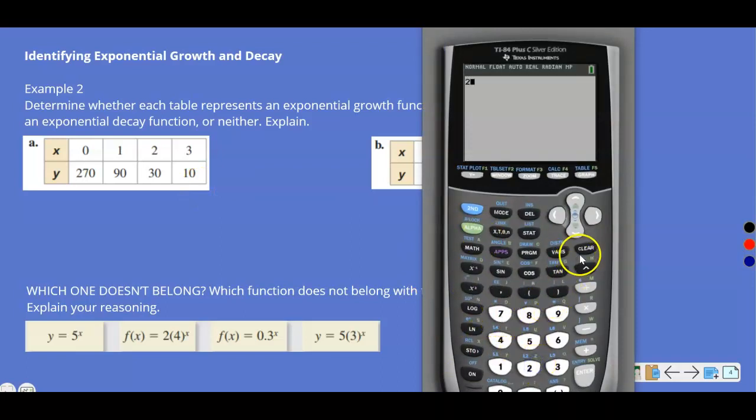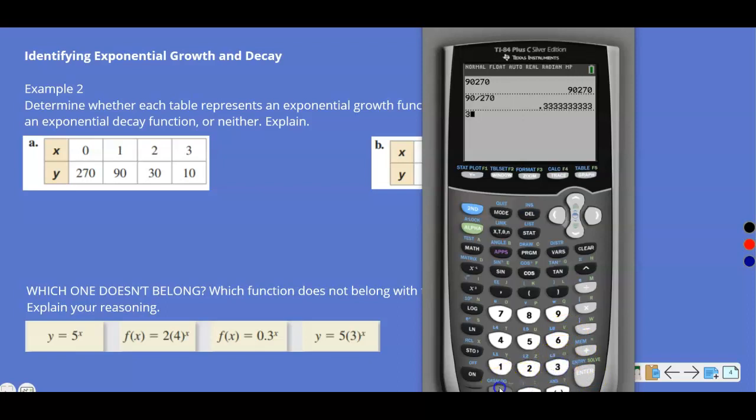So we can do, let's see, 90 divided by 270. Well, missed the division sign there. 90 divided by 270. Try one more time, 0.333.